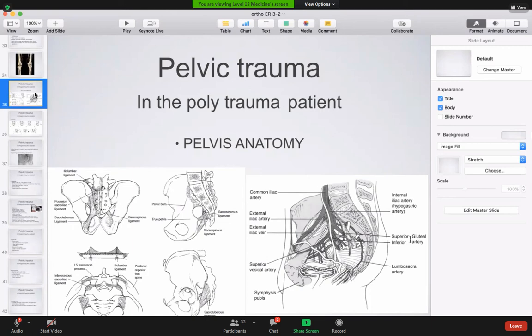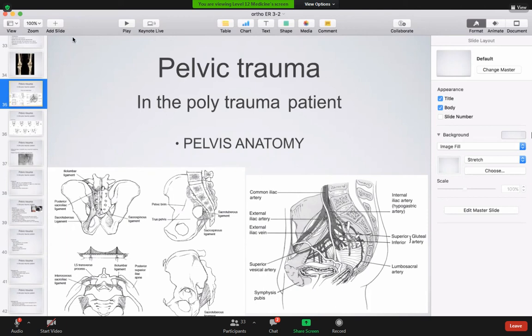Pelvic trauma. It's very important to understand the anatomy of the pelvis. The pelvis is composed of 3 bones, 2 iliac bones and 1 sacrum. The iliac bones are connected to the sacrum posteriorly by strong ligaments. The strongest is the posterior sacroiliac ligament.